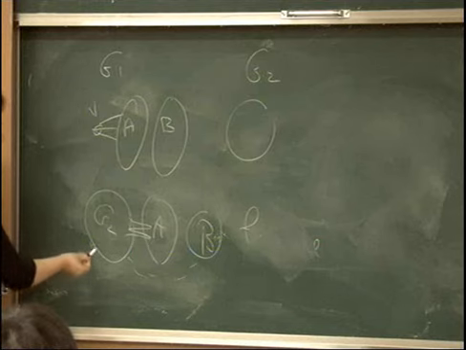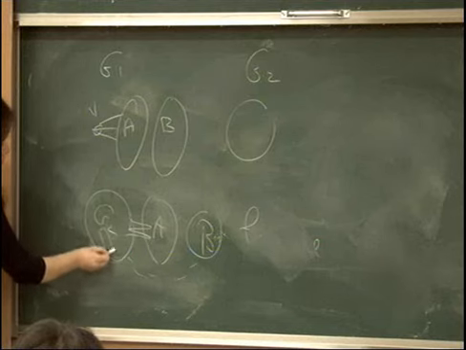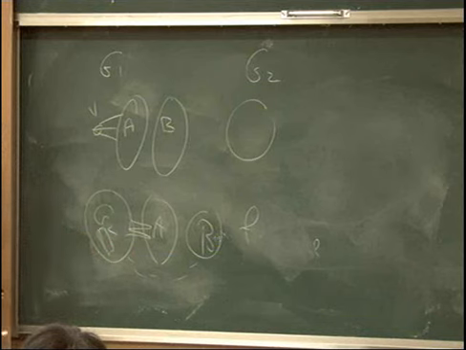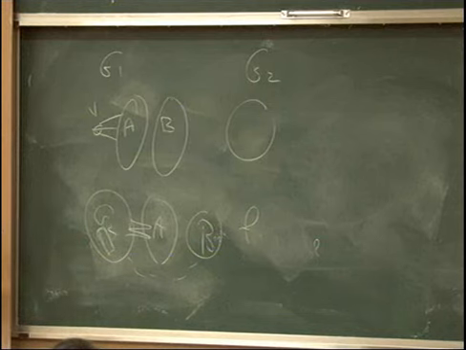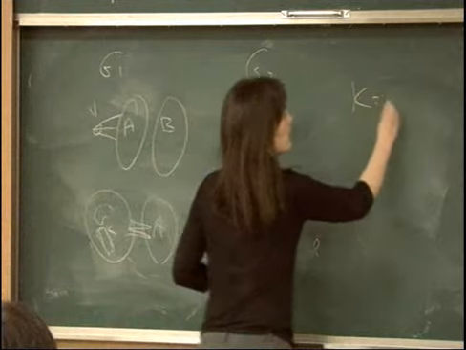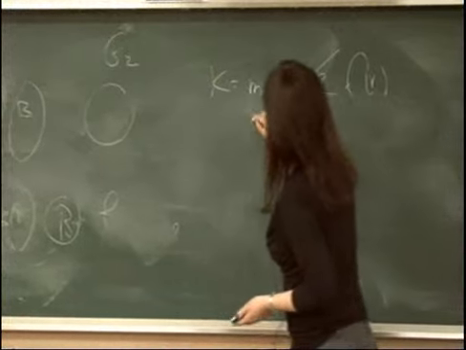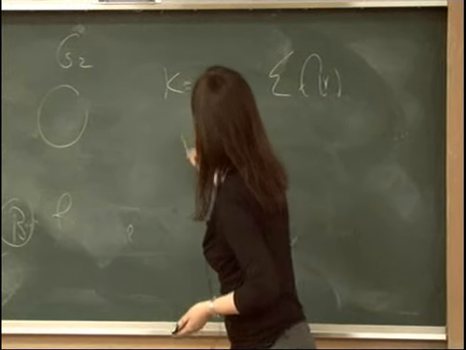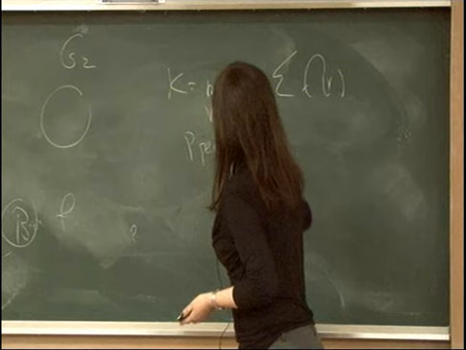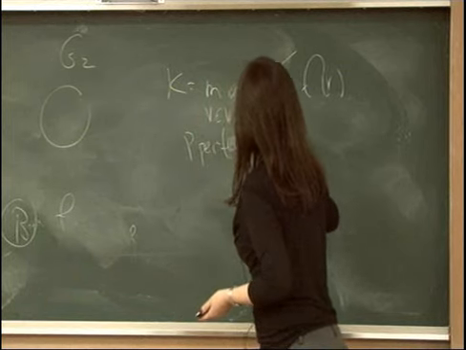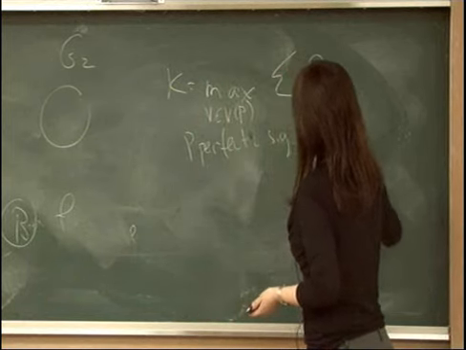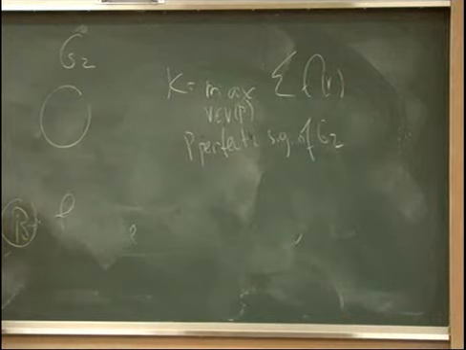Okay, let me look at all perfect induced subgraphs of this, all induced subgraphs of this that are perfect, and then find one that gives me the biggest sum of f. So let's say k is the maximum of the sum of f of v, where v is in V of P, and P is a perfect induced subgraph of G2. I have some function f defined on this.